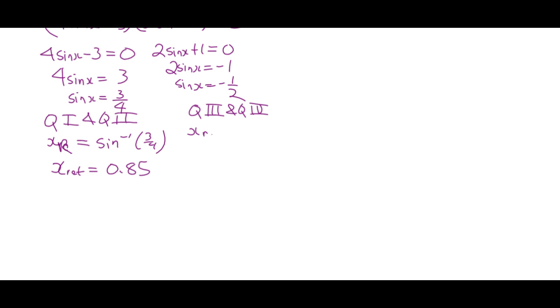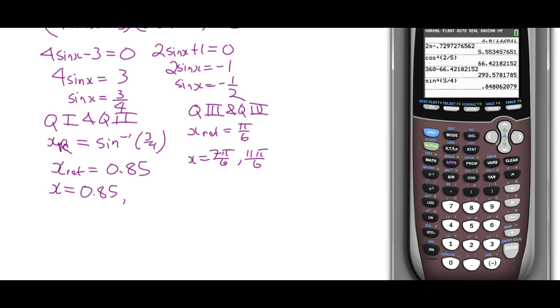And x ref is equal to pi over 6, and x is 7 pi over 6 and 11 pi over 6. Well, I don't have these angles yet. So x here is 0.85, and in quadrant 2 it's going to be pi minus 0.85.